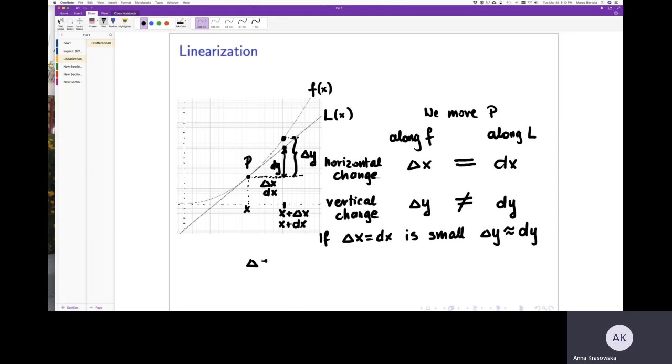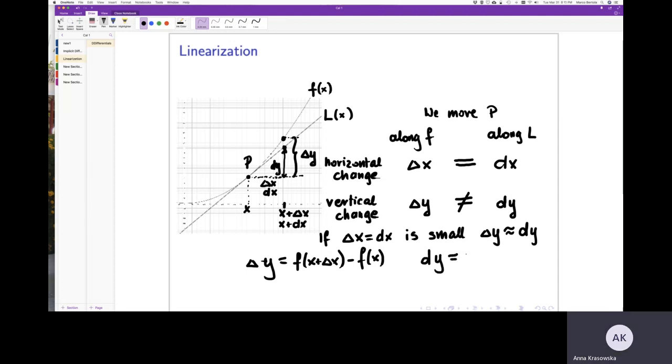So what is change in y? When we move point P into its new location, change in y direction is f of x plus delta x minus f of x. What is dy?